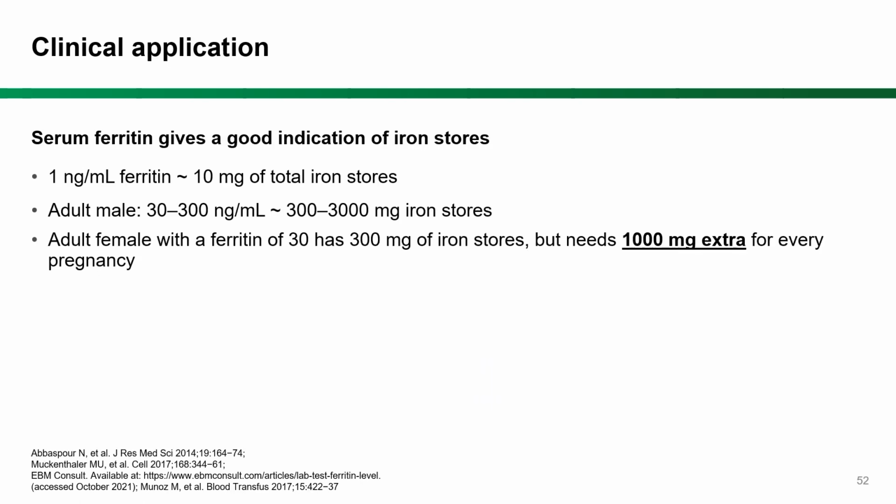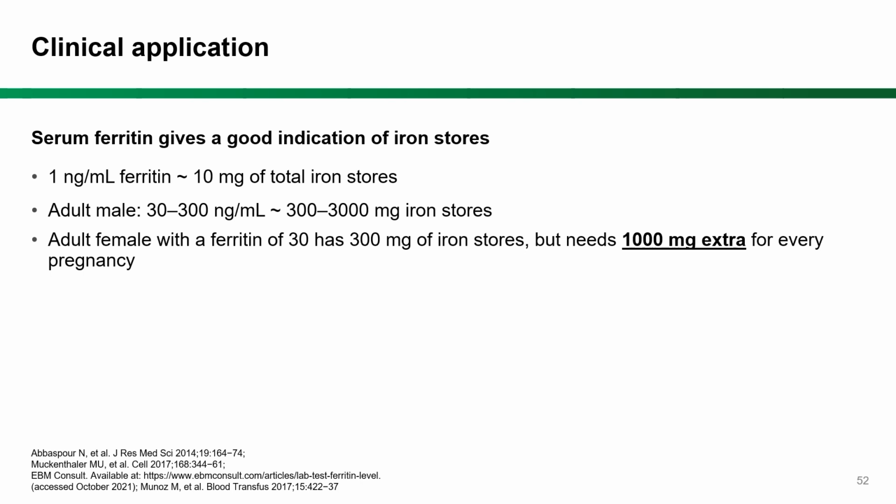A very useful tip is that if you look at your ferritin value in nanograms per mole, 1 nanogram per mole of ferritin equates to about 10 milligrams of total iron stores. So in an adult male, for instance, if the male has a ferritin between 30 and 300, that means that they have about 300 to 3,000 milligrams worth of iron stores.